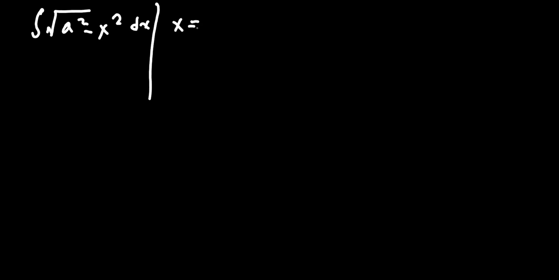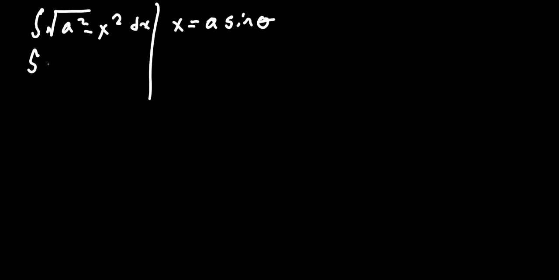For integrals in the form integral of the square root of a constant squared minus x squared, we're going to use the substitution x equals a sine theta.